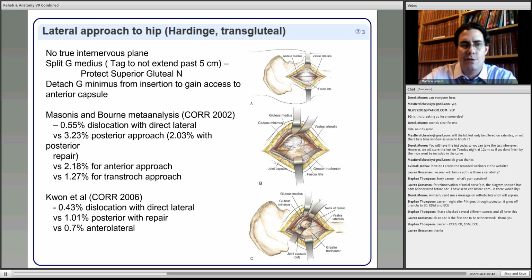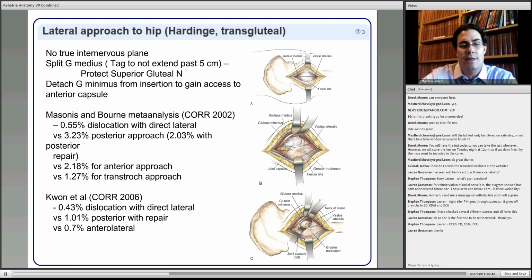There have been a couple of good studies that looked at dislocation rates among the various approaches, and they found that the lowest has been with a direct lateral approach. The first one was from Masonis in 2002. They showed it was just over 0.5% compared to nearly 3.25% with the posterior approach, and that was only improved to 2% when you repaired those posterior structures. Similar to 2% for an anterior approach, or 1.25% for transtrochanteric.